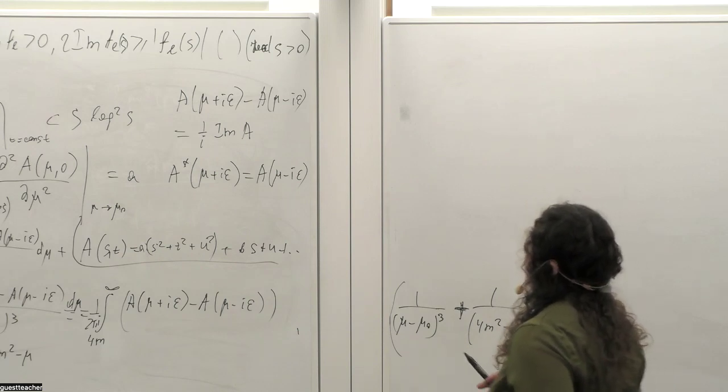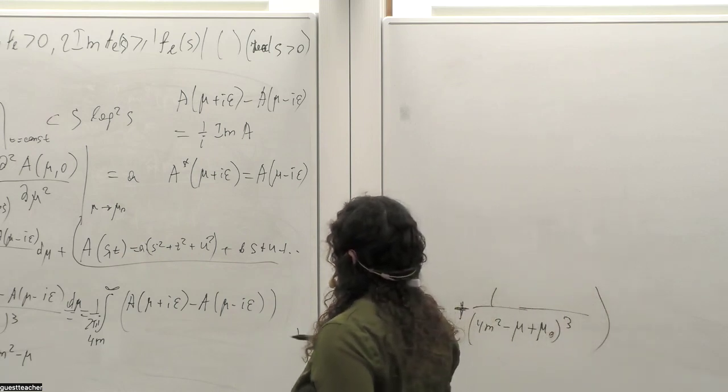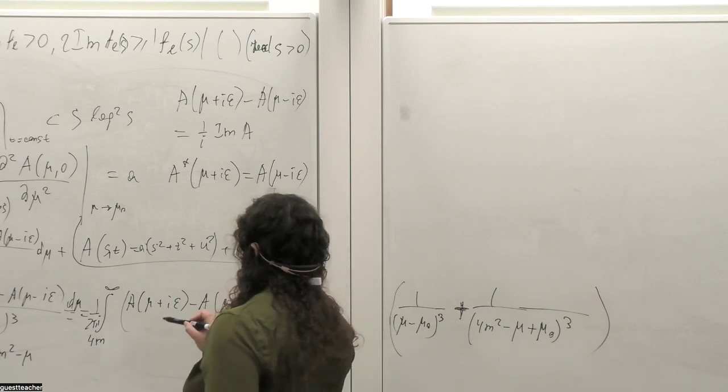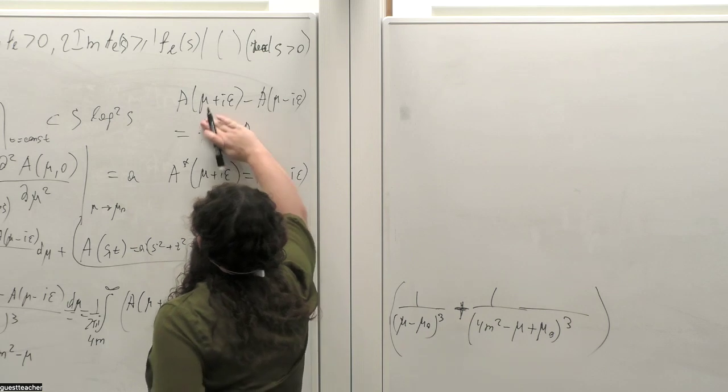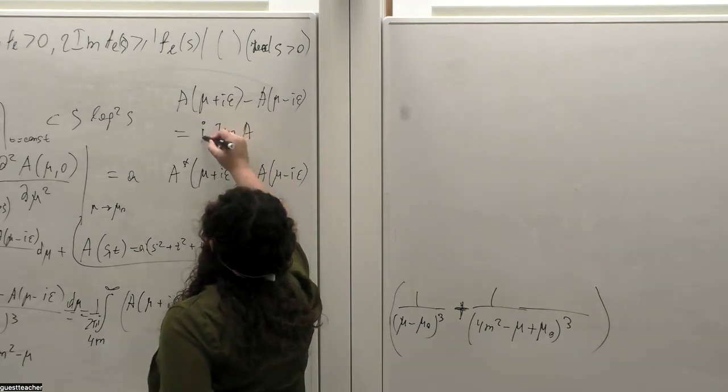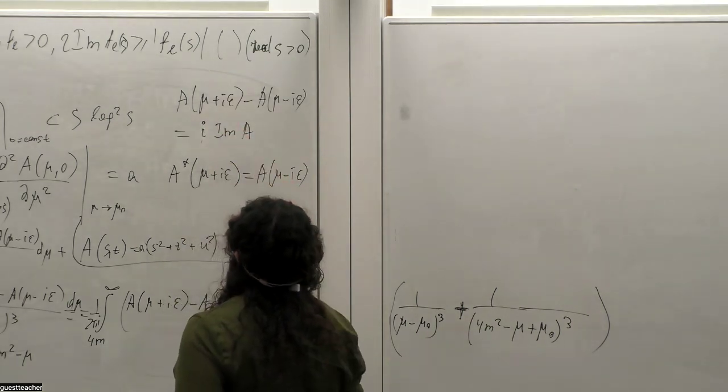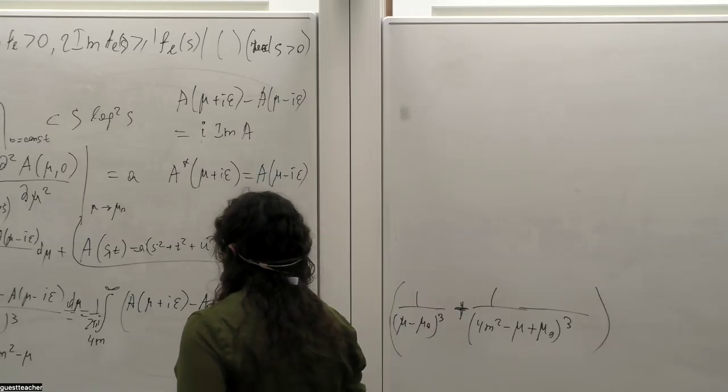So this quantity will be equal to I, imaginary part of A, right?